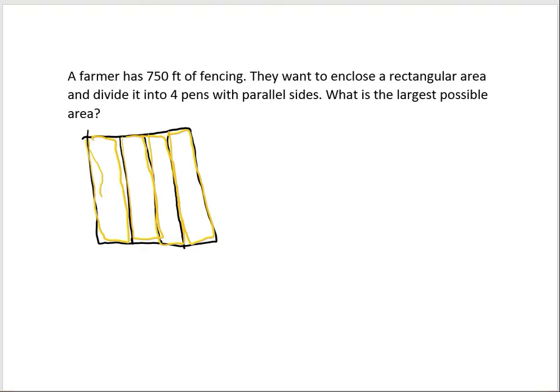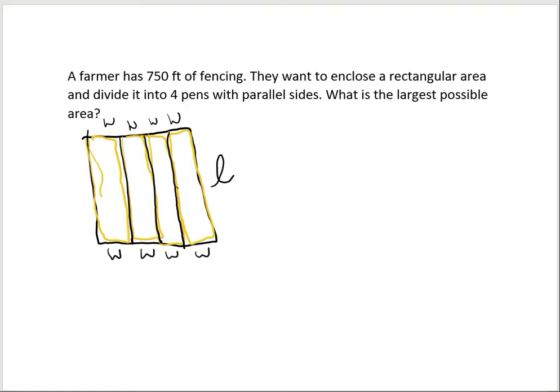Okay, and then if we call each of them having a little width W and a length L, we could find what the largest possible area is.